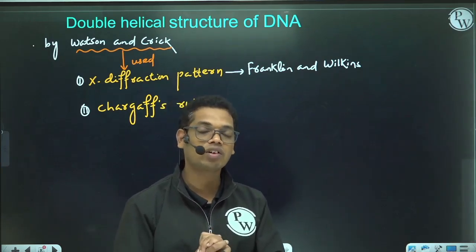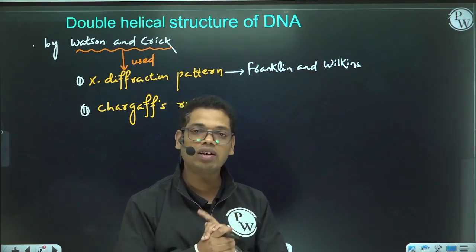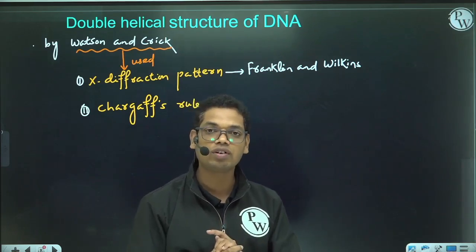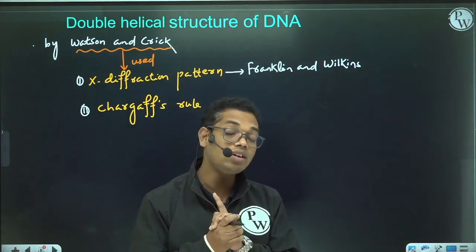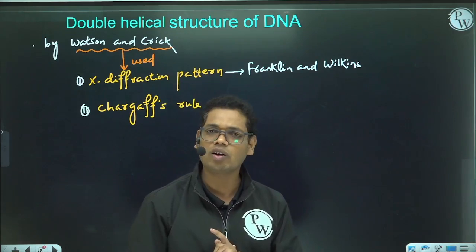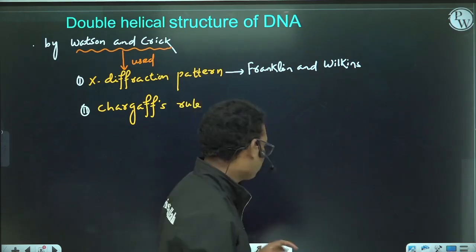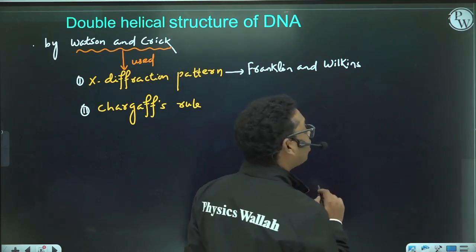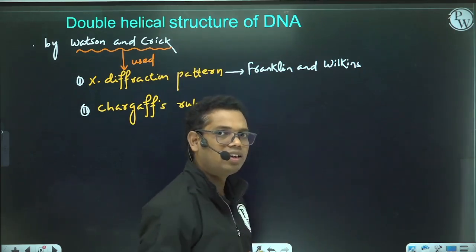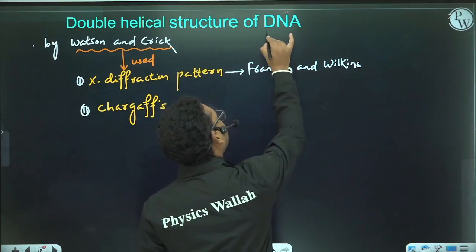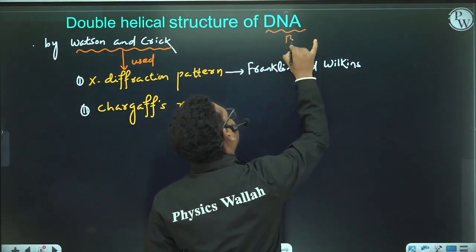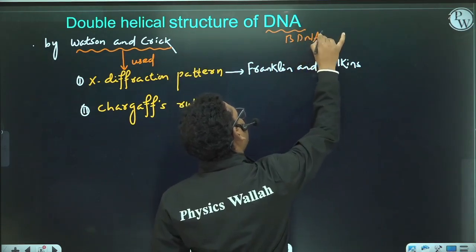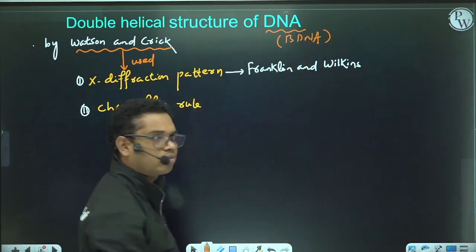Watson and Crick gave the double helical model of the structure of B-DNA, not A-DNA or Z-DNA. So whatever points we are going to discuss here are with respect to B-DNA, the most common form of DNA.